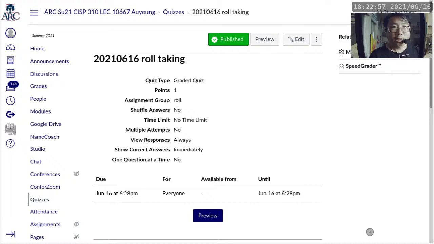All right. And I'm going to type that word in the text channel. Exponent is the word for roll taking.